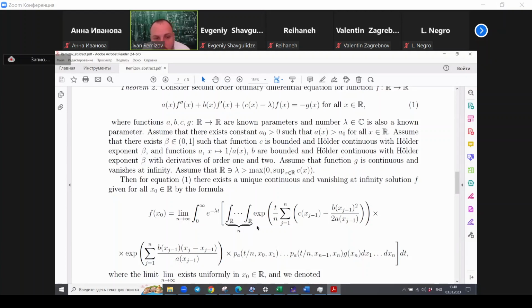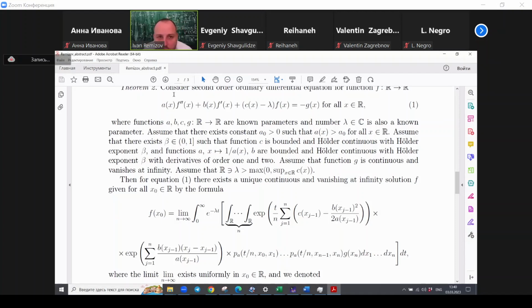So one can try to interpret it as some Feynman integral over some set of functions. For example, Professor Shevgulidze, who asked the question, is a true expert in Feynman integrals.